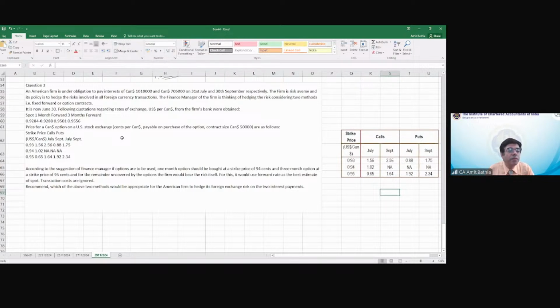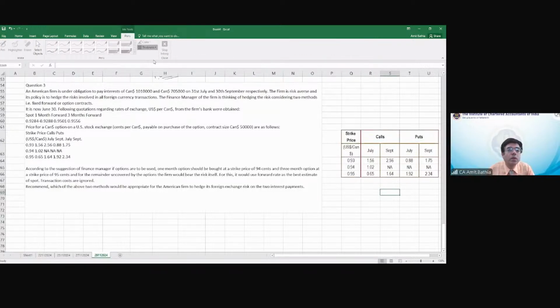An American firm is under an obligation to pay interest of Canadian dollar 10,10,000 and 7,05,000 on 31st July and 30th September respectively.